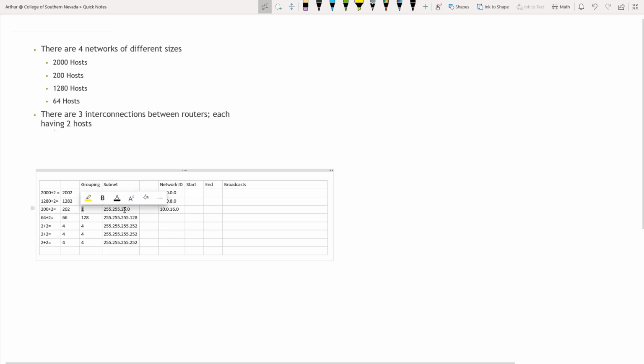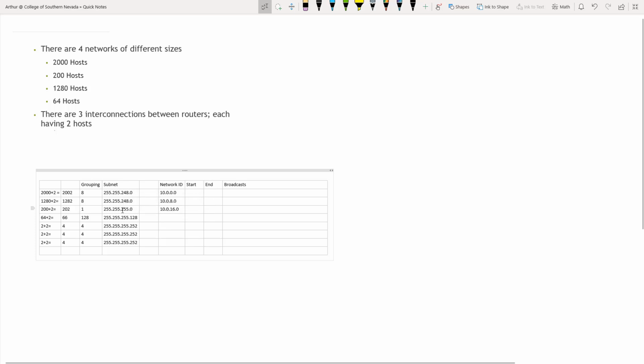We are adding 1. The fourth network is all zeros. So we are actually adding 1 still in the third octets. Here we were working the third octet because it's not 0 and it's not 255.